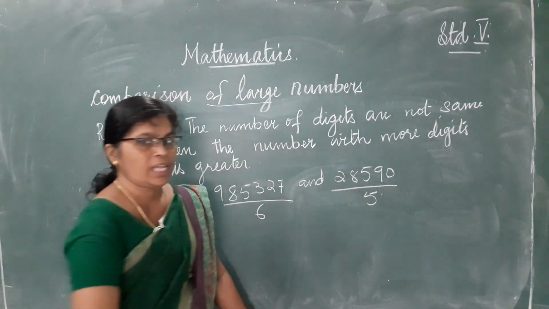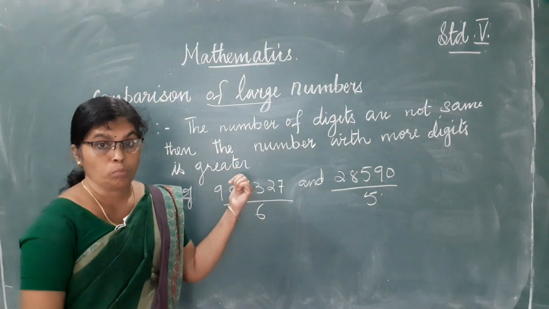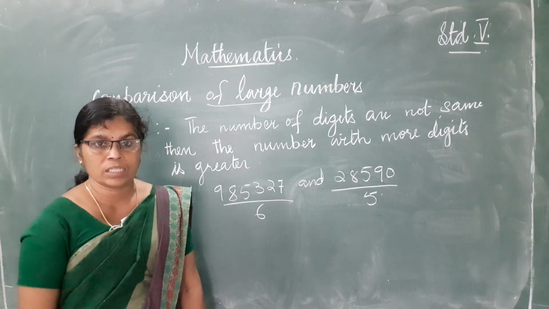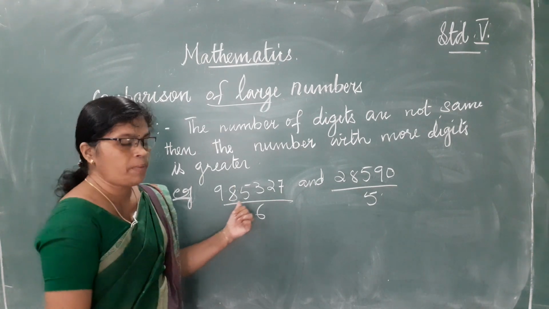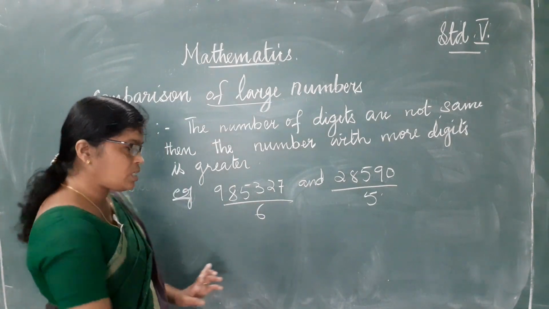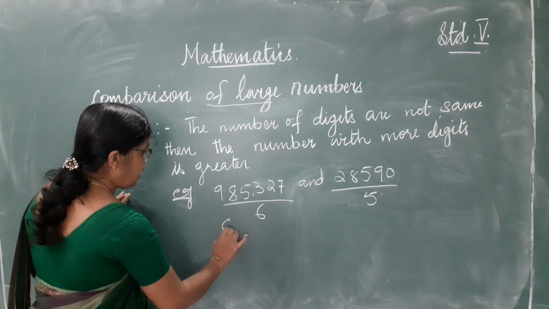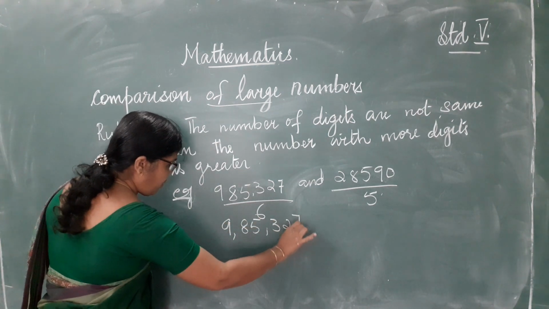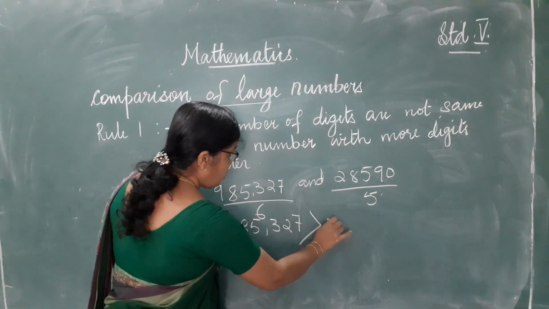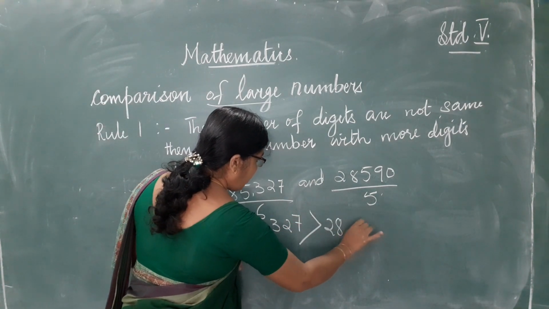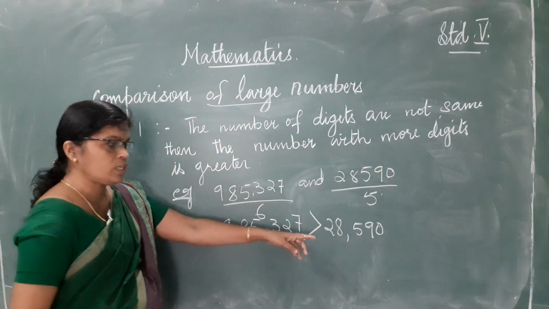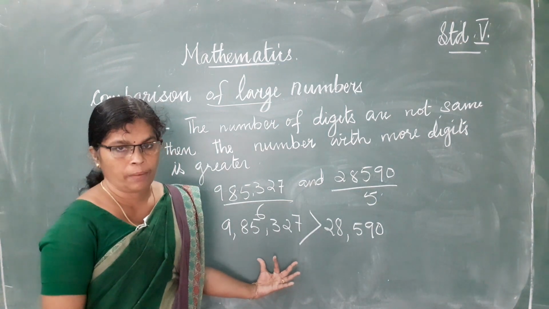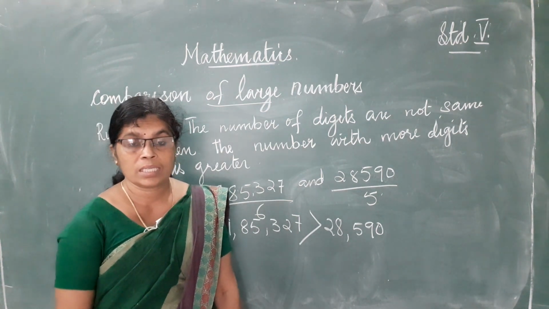So we have seen that the number with more digits is greater than the number with fewer digits. Here you see the first number has 6 digits. So this first number, 9,85,327, is greater than 28,590, because 28,590 has only 5 digits and the first number has 6 digits.